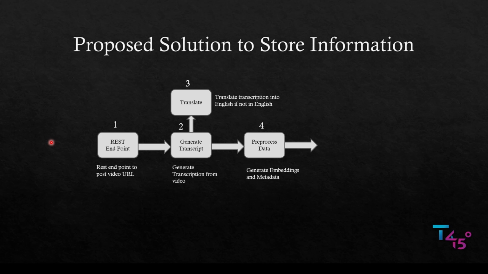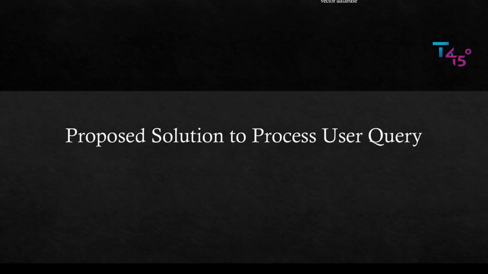Once we get the transcription in English, we will preprocess our data. So we will generate some embeddings and metadata, and then we will store our embeddings and metadata in our vector database. So this is how we will create our knowledge base.